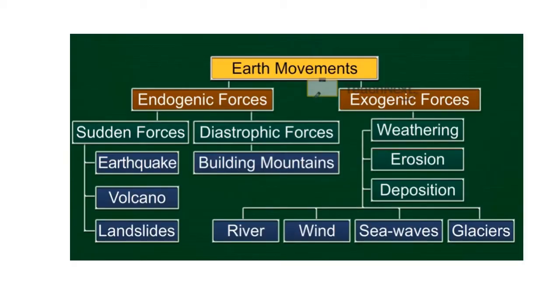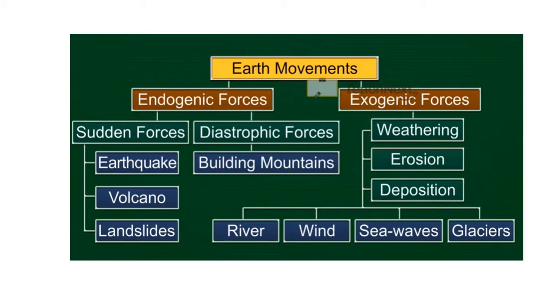Children, if you have seen my first part of this chapter's video, our changing earth, I've already mentioned to you that the lithosphere is broken into a number of plates known as lithospheric plates or tectonic plates, and these plates are floating on the mantle, which is in a semi-liquid state, and these plates move very slowly, maybe just a few millimeters each year.